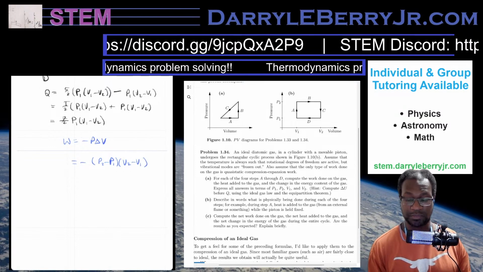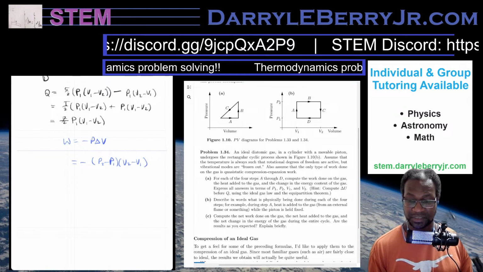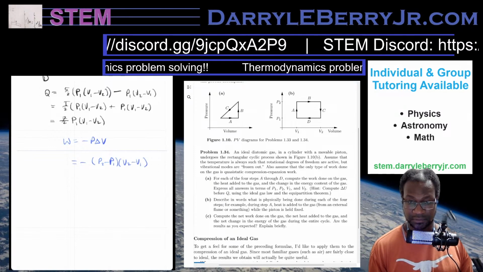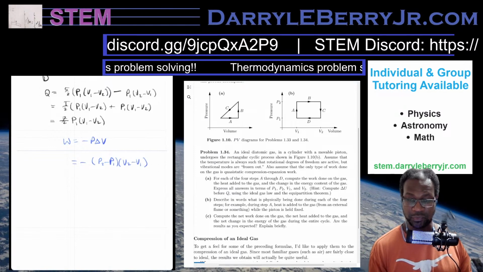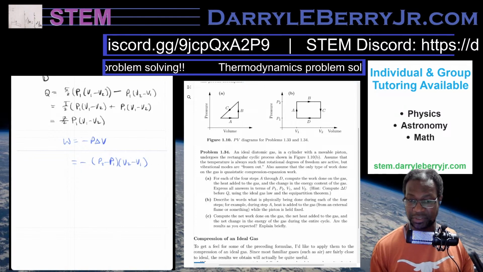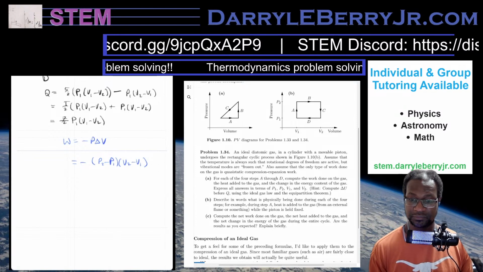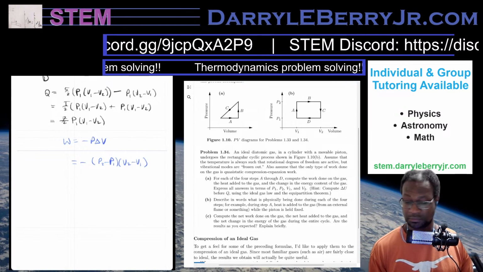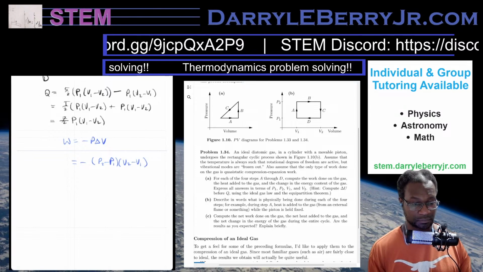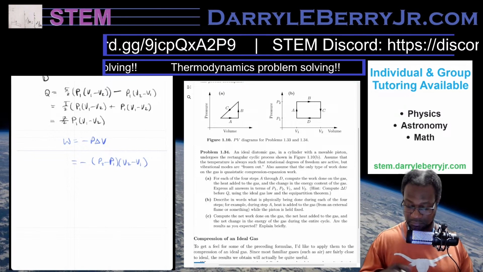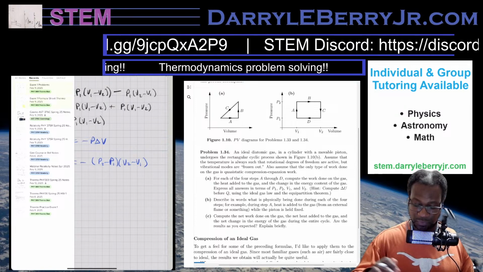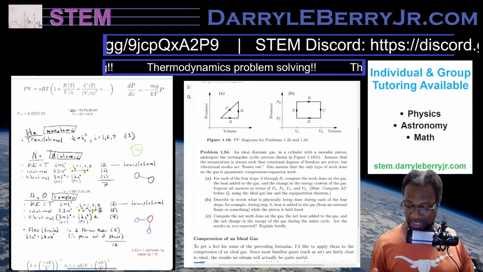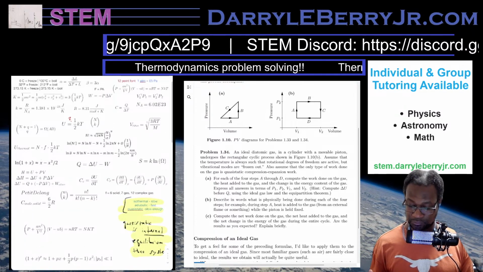So basically you can get work by simply multiplying the widths along the axes by each other, which is just the area of that shape. All right. Pressure times volume makes this very convenient.